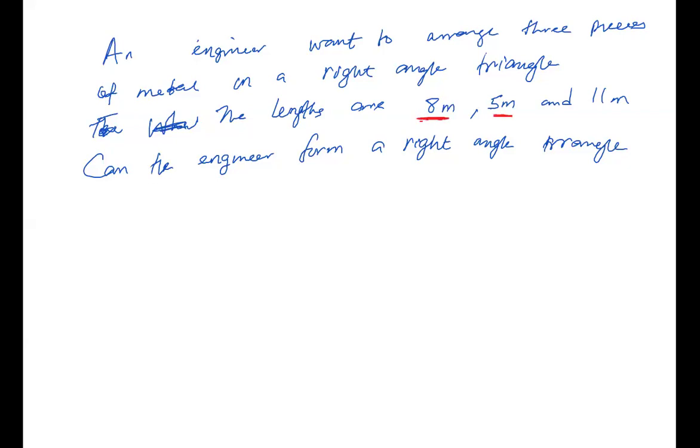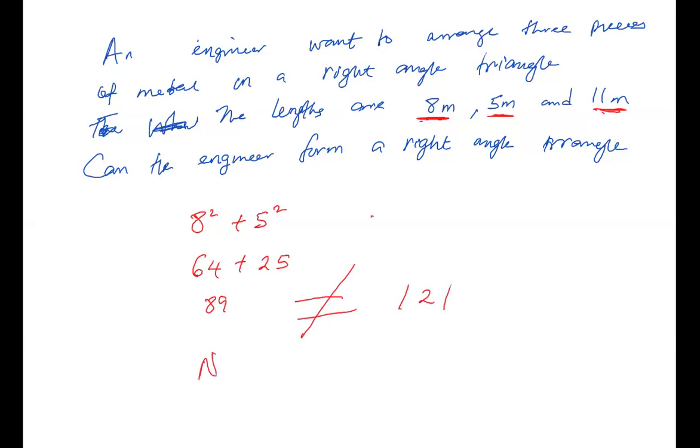When you square them, it must equal the long one. So let's check it. 8 squared plus 5 squared. That gives you 64 plus 25, which is 89. And what is 11 squared? 121. So it's not equal to 121. No, you cannot form it. That's it.